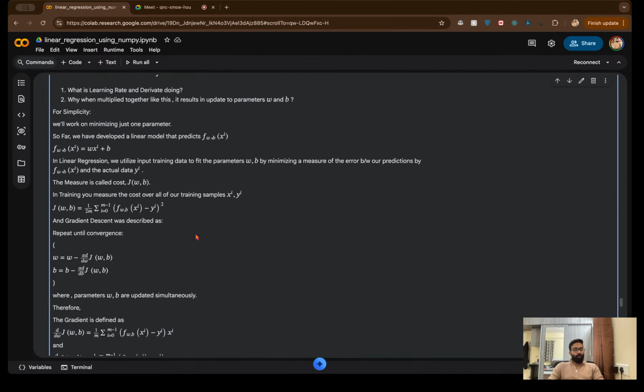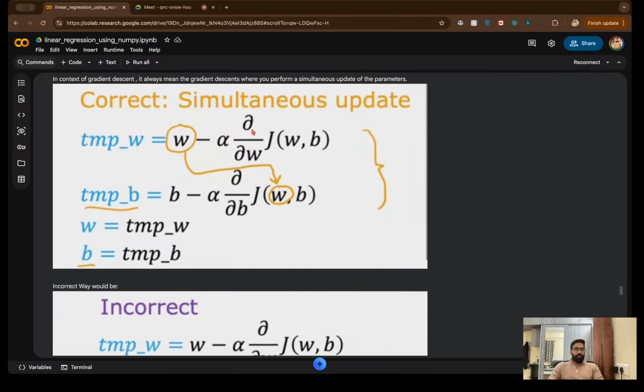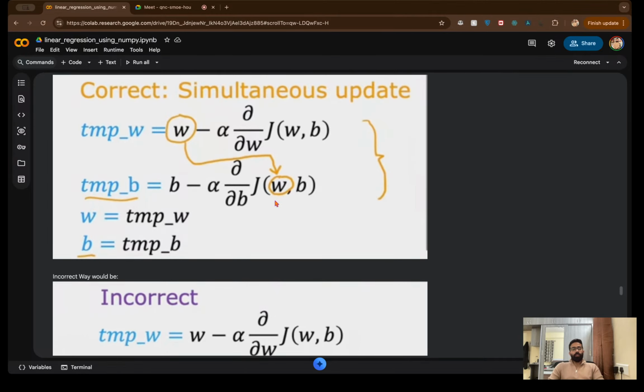And about the how part, we are considering the derivative of the function. We are differentiating this function with respect to w, and then with respect to b, multiplying by alpha, the learning rate, and we are updating the values simultaneously. What do you mean by differentiating the function?